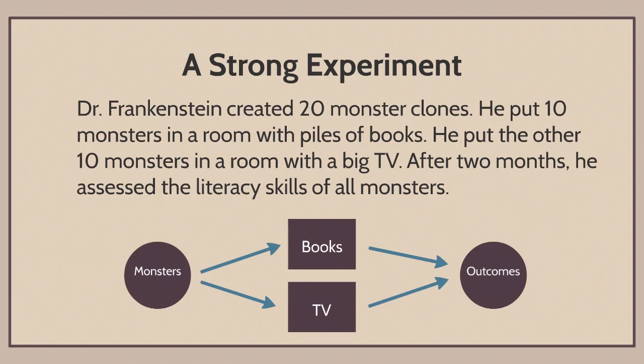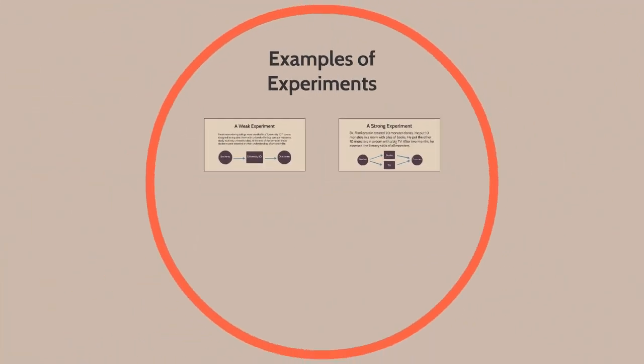We've taken out any biological differences. We've created clones. So if when we look at the outcomes, these monsters differ, the books monsters differ from the TV monsters, well, guess what? We can say that whether they read books or watched TV is what made the difference. And that's what we're trying to do in an experiment.